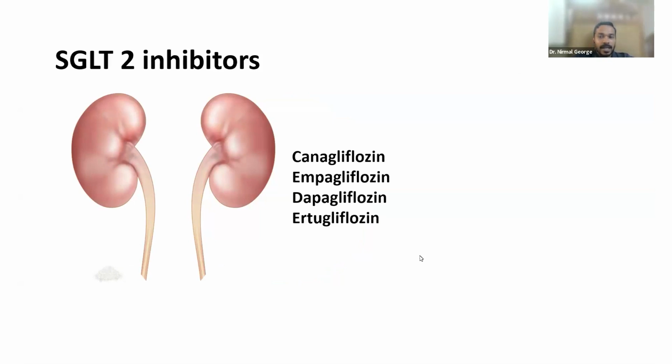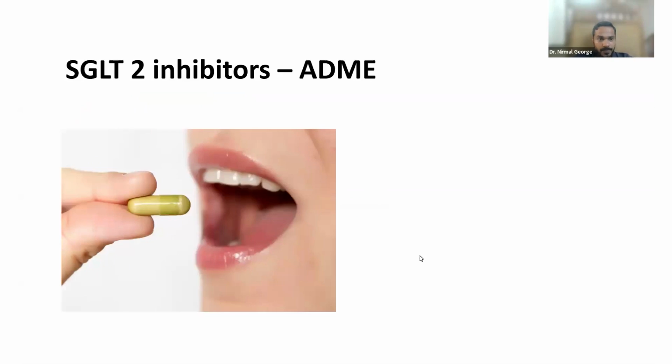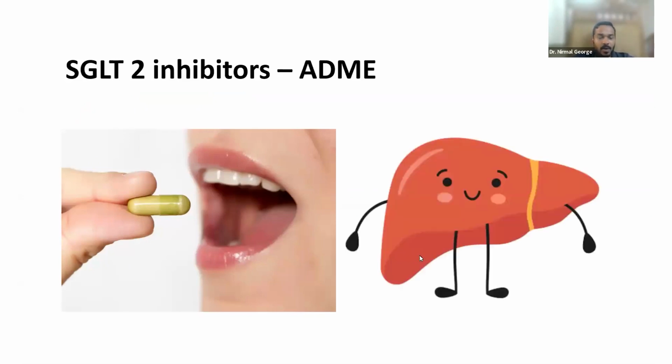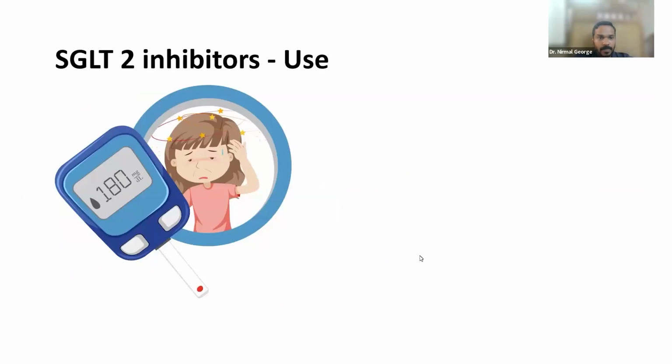These agents will increase the excretion of sodium and glucose through the urine. They are available as oral formulation. Once daily is the commonly used frequency. And all these agents are metabolized by glucuronide conjugation in the liver.